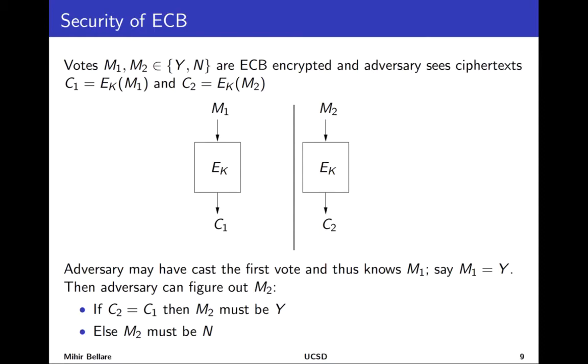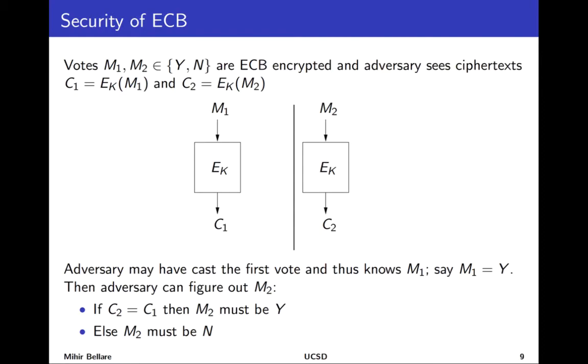How does it do that? It just compares C1 with C2. Remember, it sees both ciphertexts. If they match up, if C2 equals C1, it must be that M2 equals M1, yes as well. Why? Because this block cipher is a permutation. So if C1 equals C2, then the inverse of C1 under the block cipher equals the inverse of C2 under the block cipher.